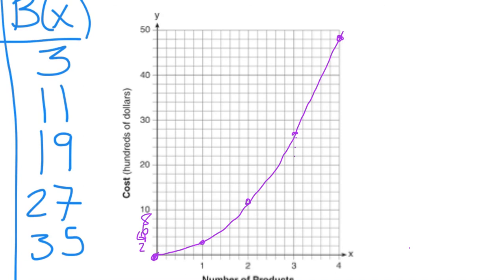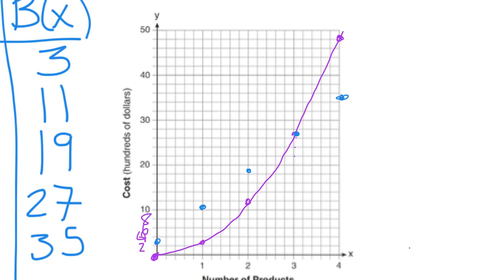Okay, now let's zoom in again and we'll plot these points. Okay, so 0, 3 is our first one. And then 1 and 11, 2 and 19. That's going to be right around here. 3 and 27. Oh, that's where they're going to cross each other. And then 4 and 35.